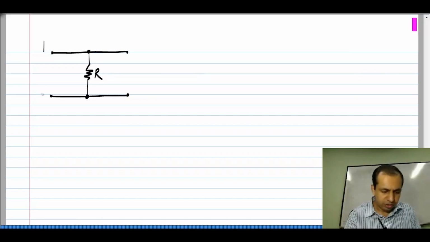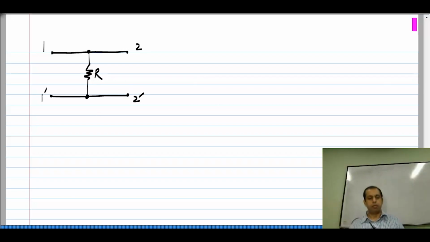In this case, I have the resistance connected in parallel between 1 1 prime or 2 2 prime, and 1 1 prime and 2 2 prime are the same terminals, but that does not matter. I can define the 2 port in any way I want.